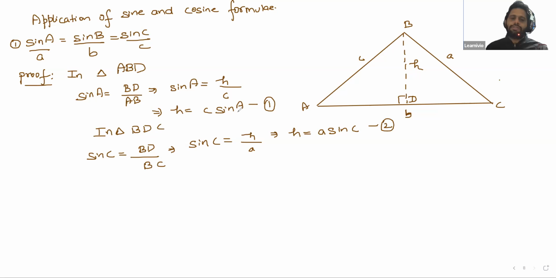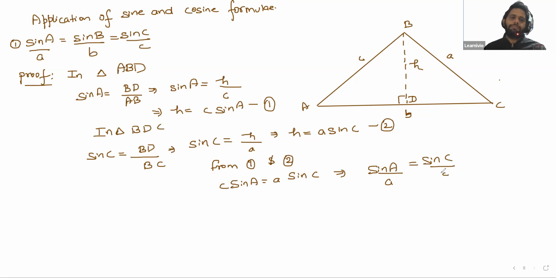So H is equal to c sin A, H is equal to a sin C. From 1 and 2, we can say c sin A is equal to a sin C. So shift this a to here, we will get sin A by a is equal to sin C by c.